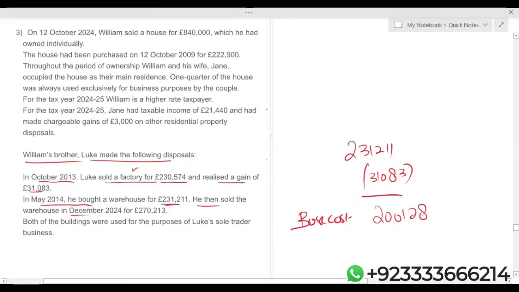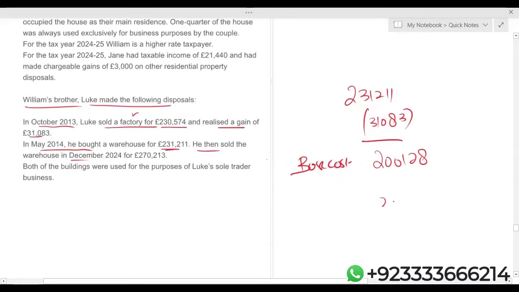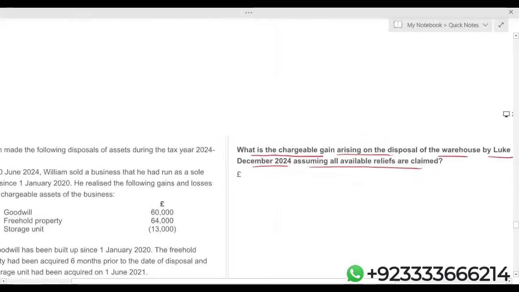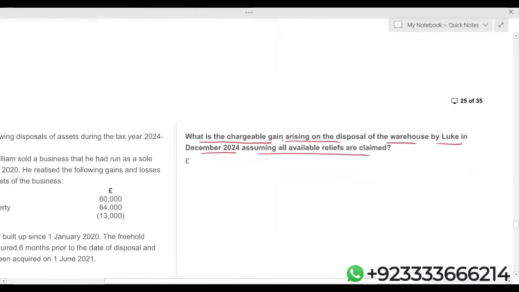He sold the warehouse. Now you are selling the warehouse for 270,213. So here comes the gain. I'm getting a capital gain of 70,085. And this is what they are asking: what is the chargeable gain? They're not asking the taxable gain, on the disposal of the warehouse by Luke in December 24, assuming all available reliefs are claimed.